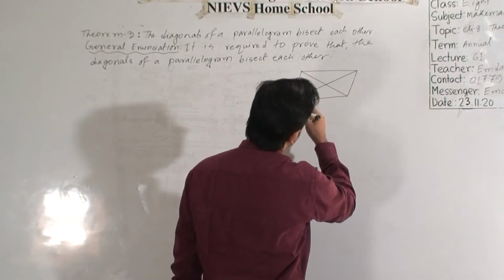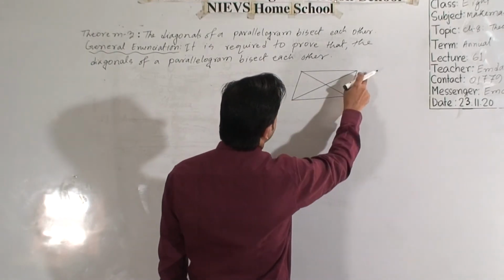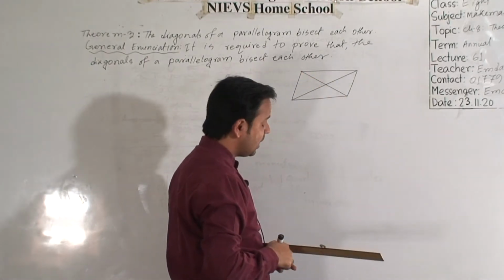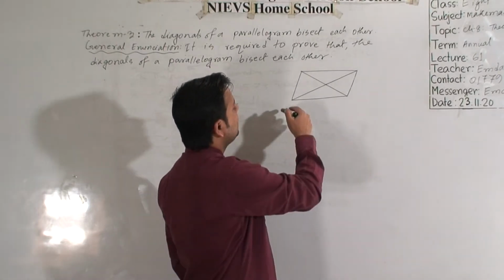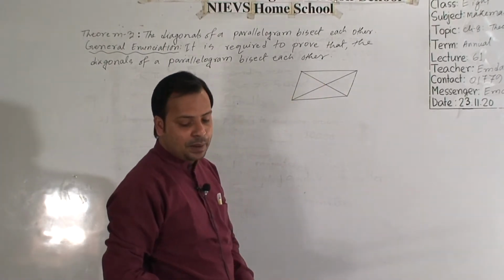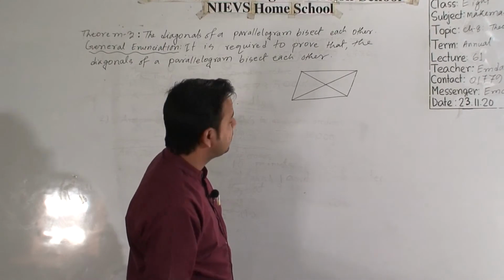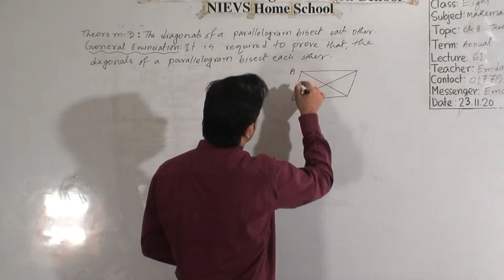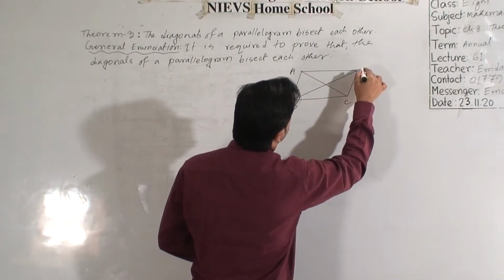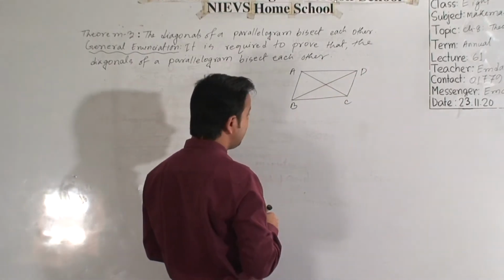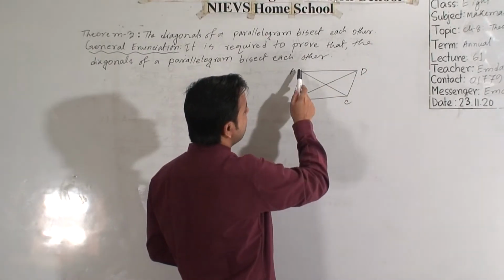Students, we can write here ABCD is a parallelogram whose two diagonals are AC and BD.